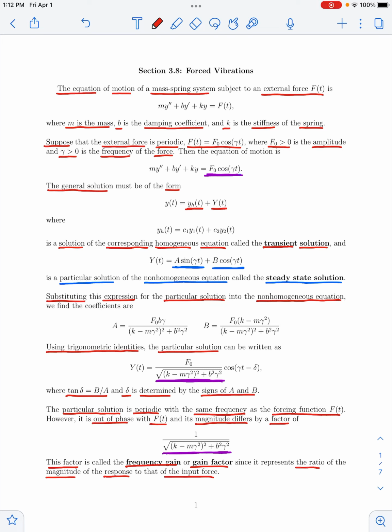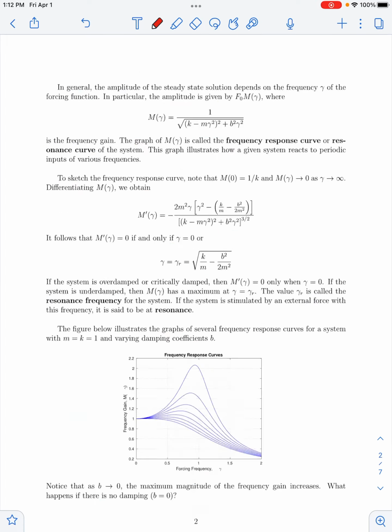So let's think about this frequency gain, or gain factor, in a bit more detail. We see that it depends on the frequency of our external forcing function, gamma. So in general, the amplitude of our steady state solution will depend on the frequency, which we were calling gamma, of our external forcing function.